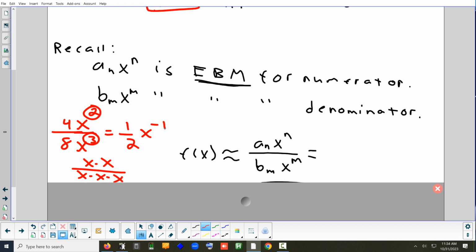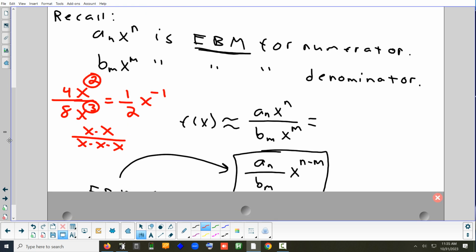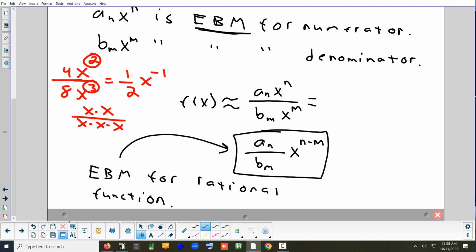When you have a negative exponent, from algebra 1, that means you put the exponent in the bottom. So that's the pattern in general. Divide the two numbers in front, and then subtract your exponents. But don't leave x as a negative. If it's a negative, put it in the bottom. That's what negative means. And EBM is what's going to help us find the horizontal asymptote without having to sketch anything out.